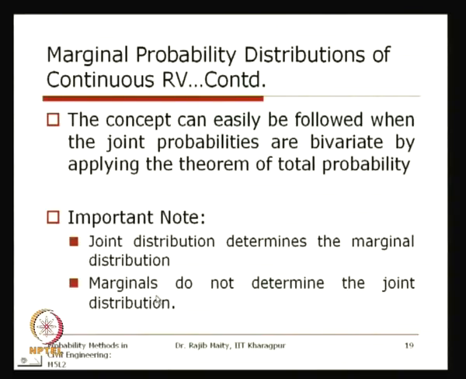This is very important: if we know the joint distribution, joint PDF or joint PMF, from there we can determine the marginal distribution. But if we know the marginal distributions, then we cannot determine the joint distribution.